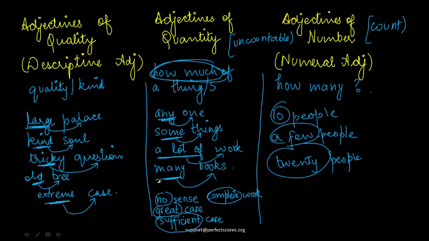So ideally, if you talk about books, they fall under both categories because they can be counted. Similarly, things, if you can count those things, they fall under both categories. So basically, if you look at it, the division is only in two categories. One is quality and one is the numbers and quantity.